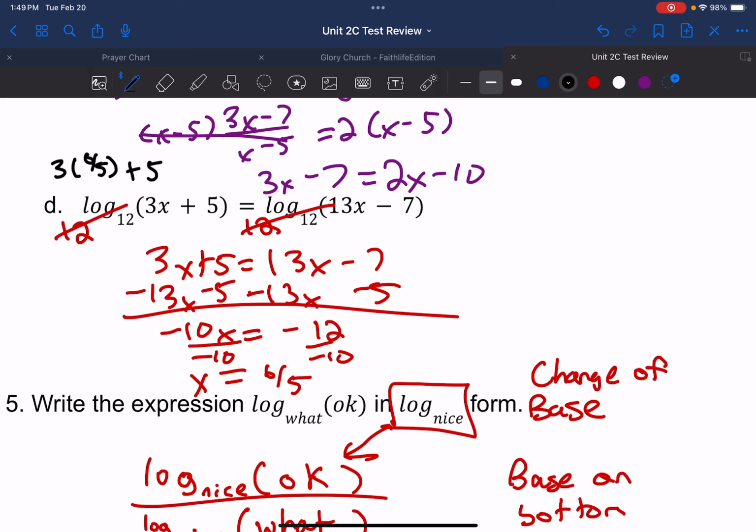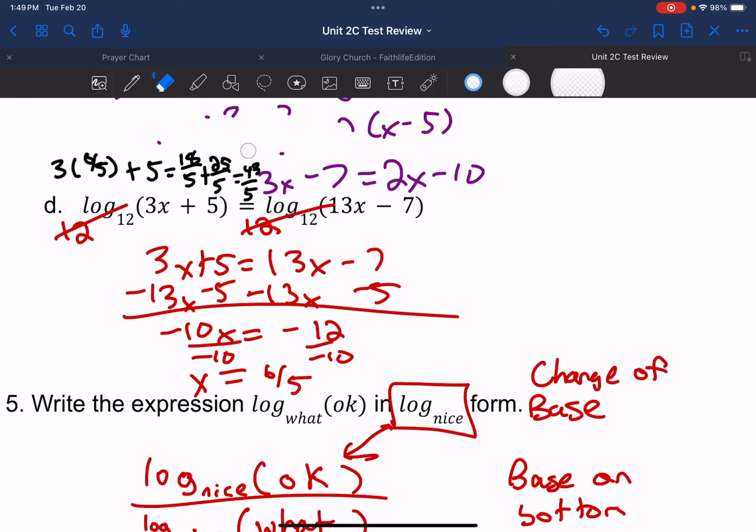That's going to give me 18 over 5. And I'm going to change the 5 to 25 over 5. Which is 43 over 5. Yep. So 43 over 5, that's positive, that's good. I'm going to erase some of this here.